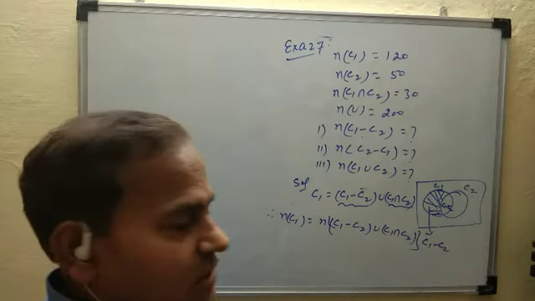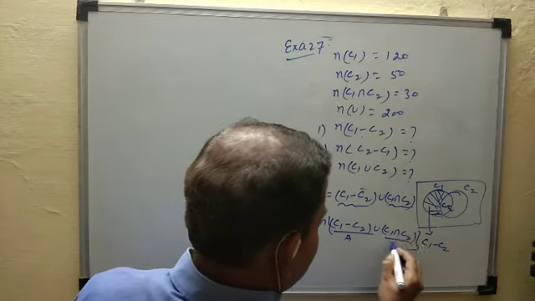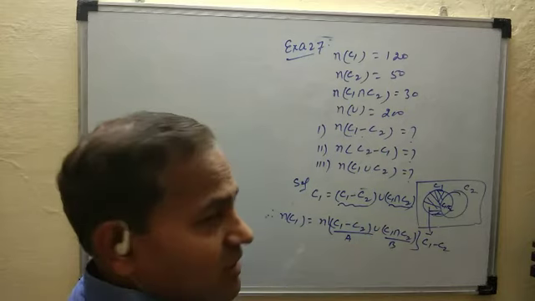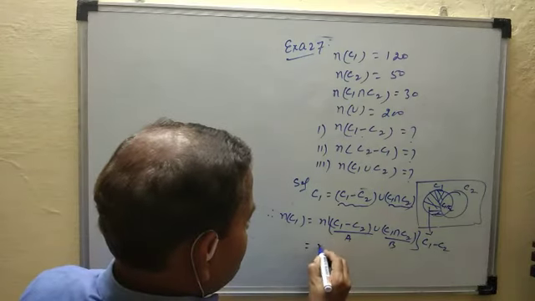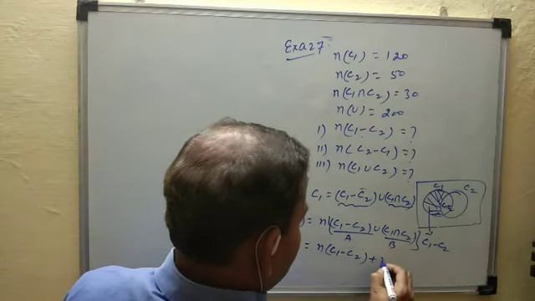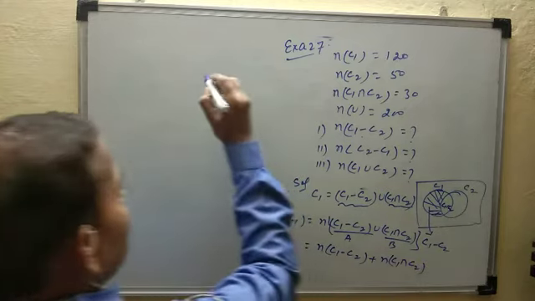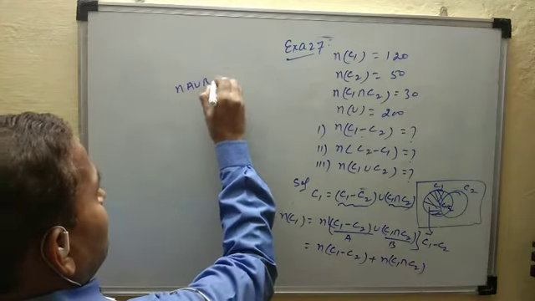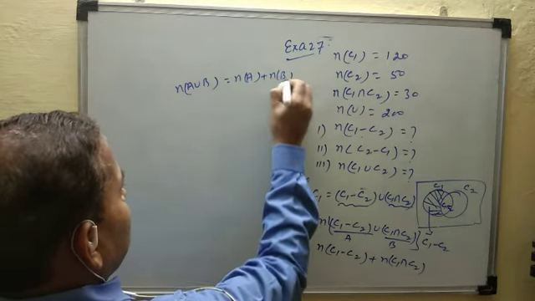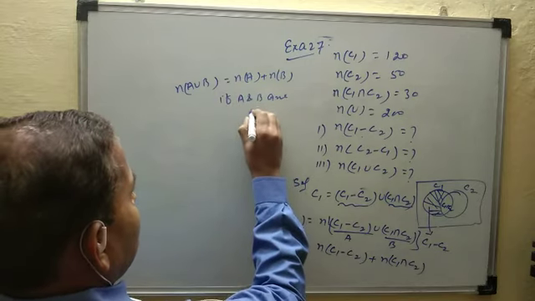Taking n of both sides, suppose this set is A and this whole set is B. So use the formula: number of A union B equals number of C1 minus C2 plus number of C1 intersection C2, because number of A union B is equal to number of A plus number of B if A and B are disjoint.